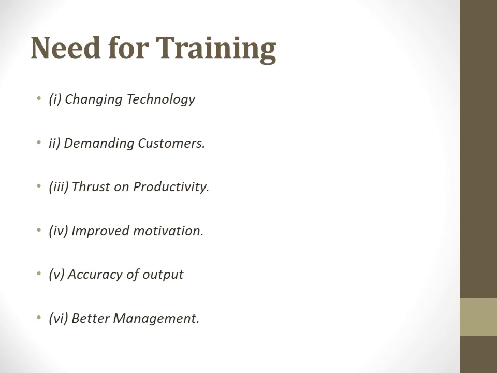By having well trained or skilled workers, you can reduce the number of accidents, and employees can handle the machines or equipment in a safe way. And the next is better management. If you have well trained workers, you can achieve the company's objectives successfully. So these are the needs for the training program.